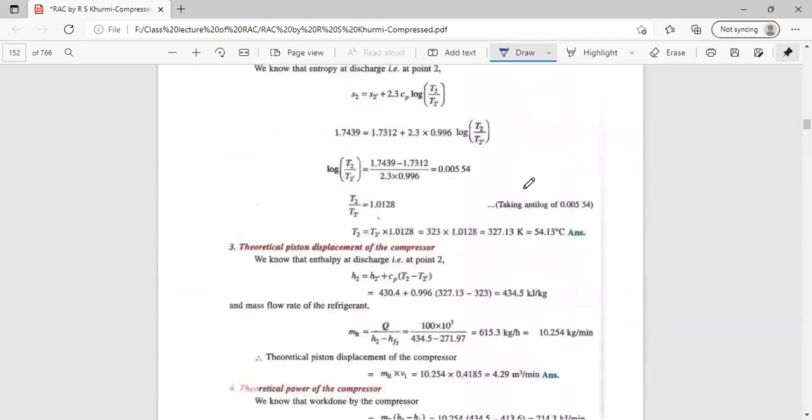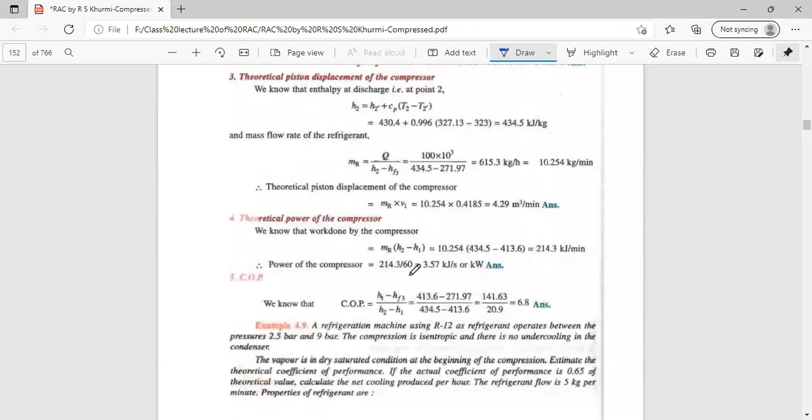So the amount of heat which is released here is given, it is 100 multiplied by 10 to the power 3, divided by the amount of energy released per kg during that process, H2 minus HF3. So we have got H2 and we have got HF3. If you put in this value and the value of Q, you will get 165 kg per hour or 10.54 kg per minute as the mass flow.